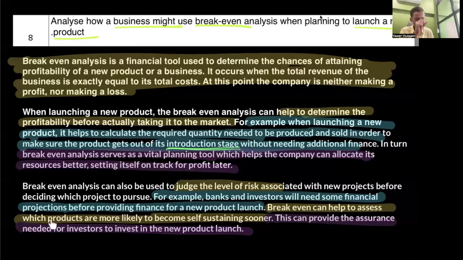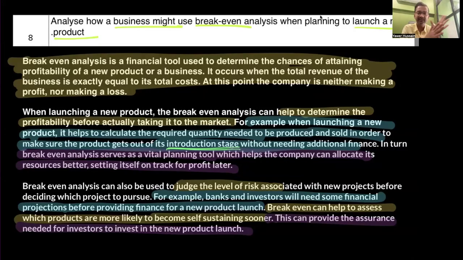So break even can help to assess which products are more likely to become self-sustaining sooner, which means become profitable. This can provide the assurance needed for investors to invest in the new product launch or the bank to give you money because they would see that the company will at some point start making a profit. So that's just the last bit on this.